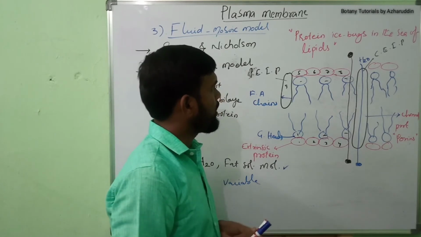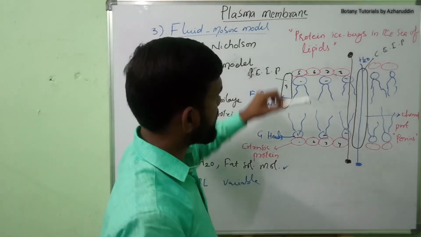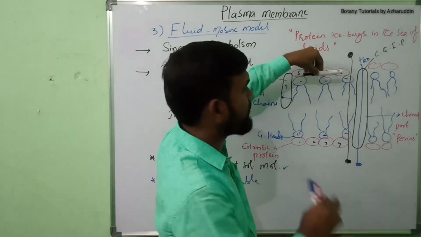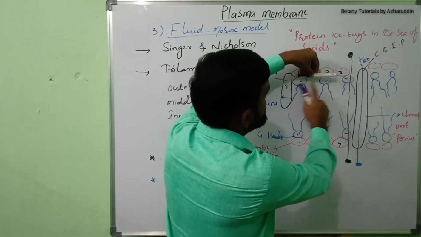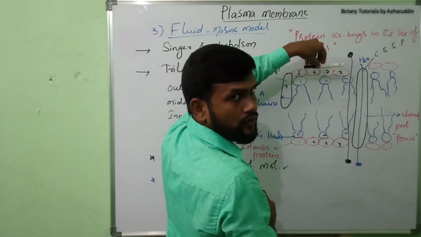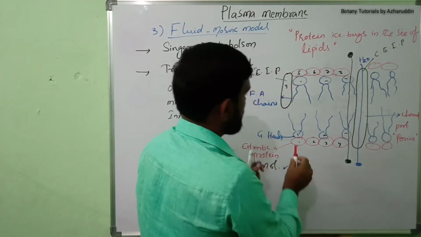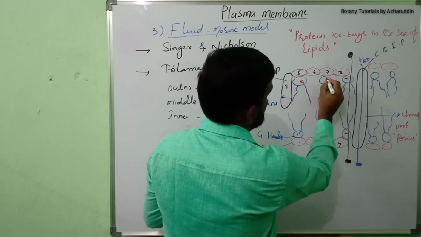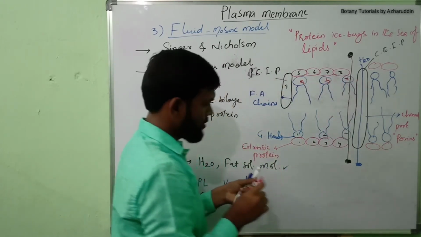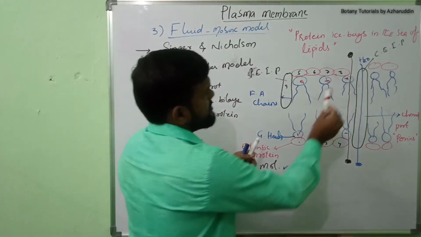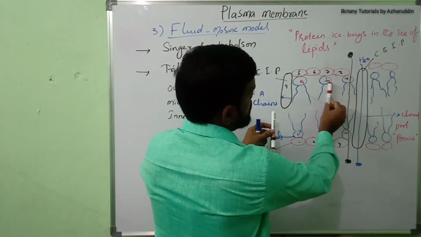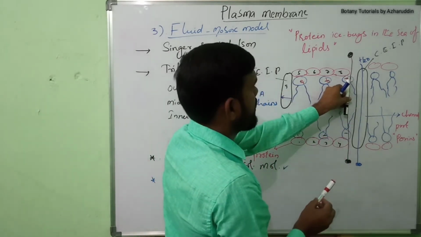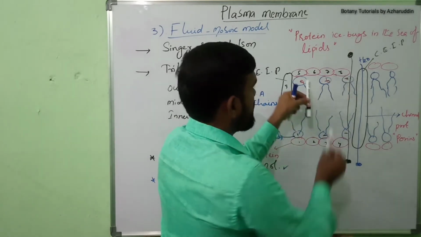First, coming to transition movement. In transition movement, what happens? This is one layer. Within the one layer, phospholipids move from this place to that place. For example, this is A, B, C. Here, C is moving from this place to that place, and A is moving from its place toward the center.